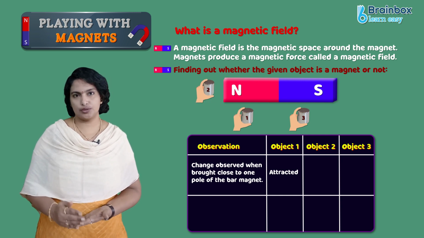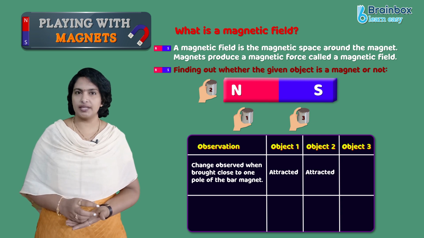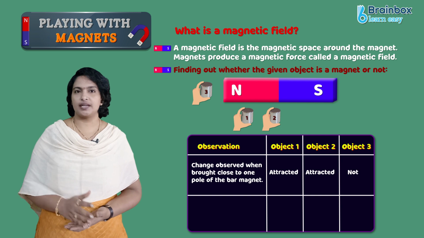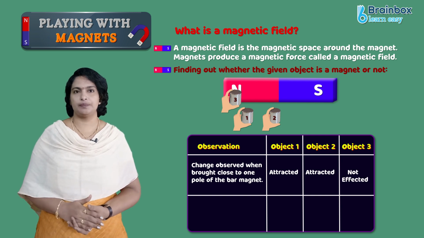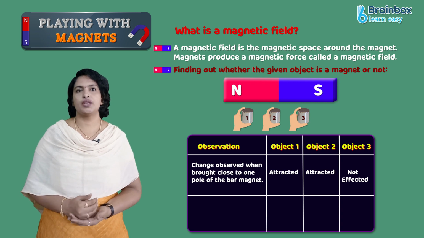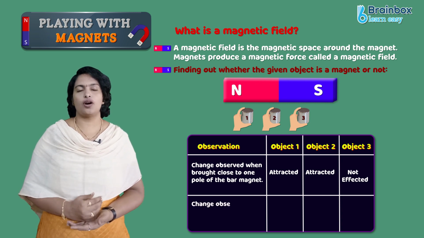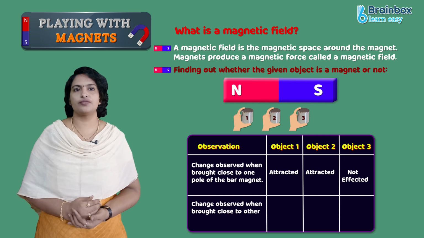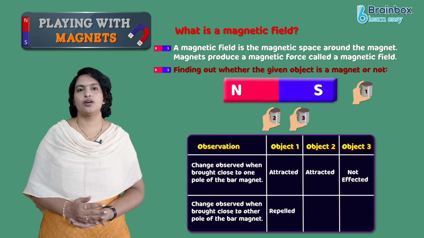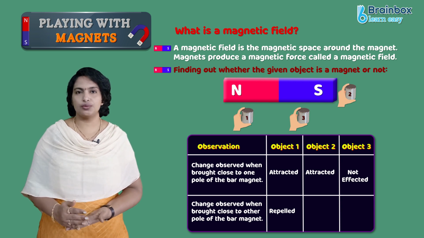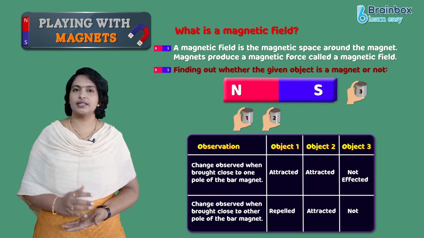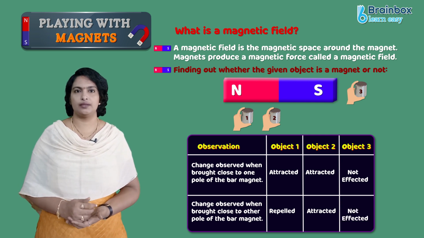Then, object 2 also attracted at one pole, and the third object neither attracted nor repelled. Now, coming to the second pole. If you bring the objects close to the other pole of the bar magnet, object 1 repelled, object 2 got attracted, and the third object neither got attracted nor repelled.